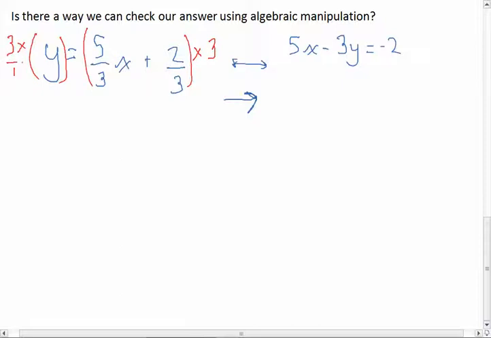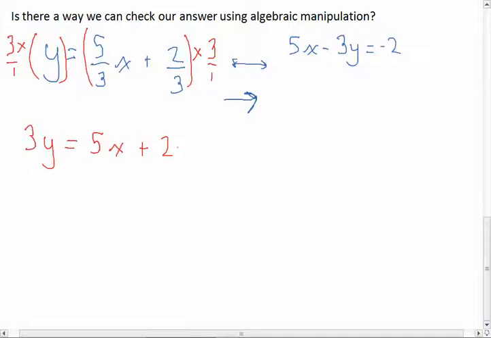And if it helps, you can think of 3 as 3/1. So 3 times y gives me 3y. And now 3 times 5/3 is just 5. And 3 times 2/3 is just 2.